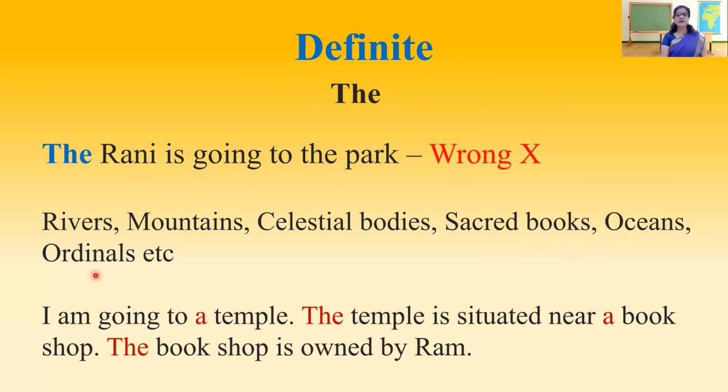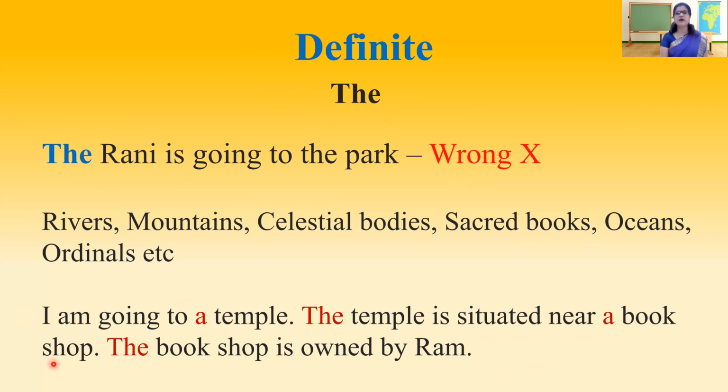So here I'm going to explain in brief, in a small passage. I am going to a temple. So what? I am going to a temple means I am going to one temple. So that is the same temple I am talking about. So again I am writing here, the temple is situated near a bookshop.